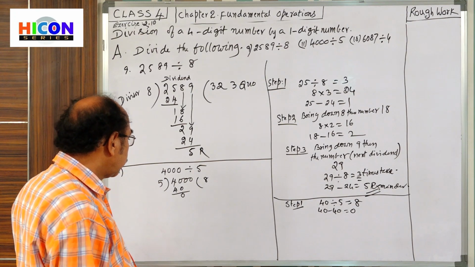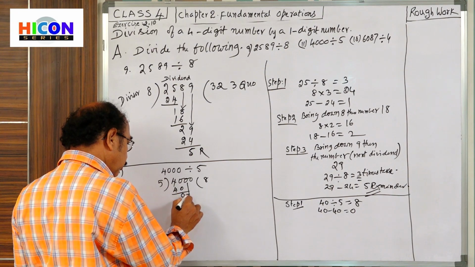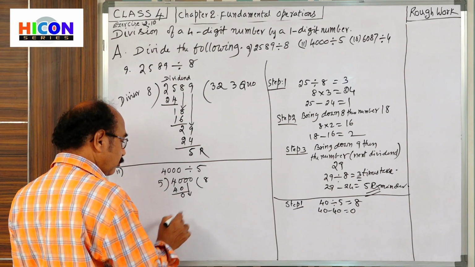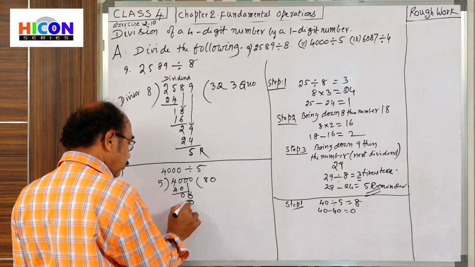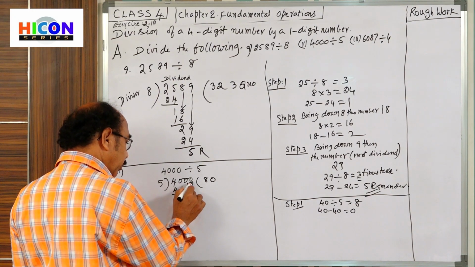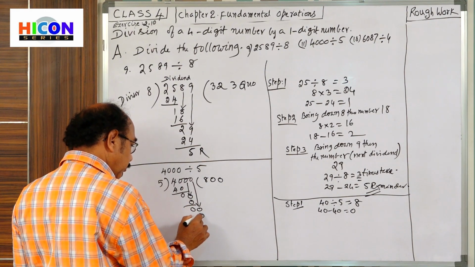Okay, children, next one what? Bring down 0. 5 zeros are 0. Again bring down this last 0. 5 zeros are 0.